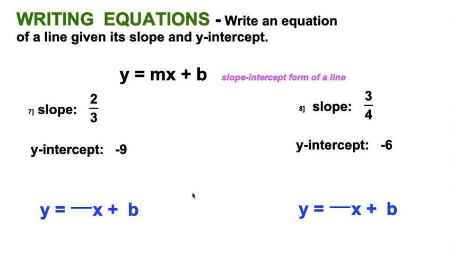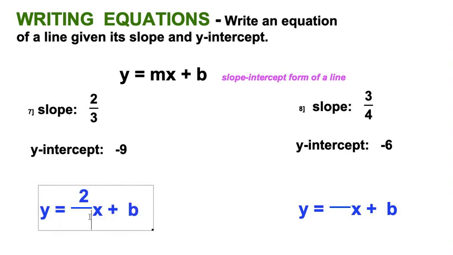We're going to write these down in slope-intercept form. If the slope is 2/3 and the y-intercept is -9, this was on our last test. We had to have the ability to write this in slope-intercept form. So the m part is the slope, and the b is the intercept. So let's write in there 2/3.